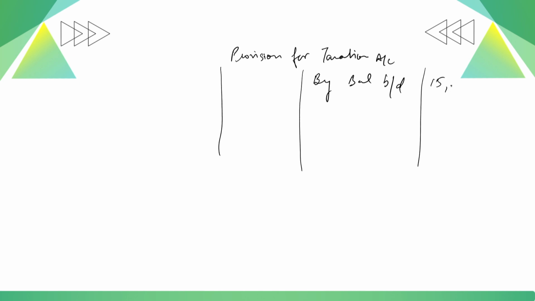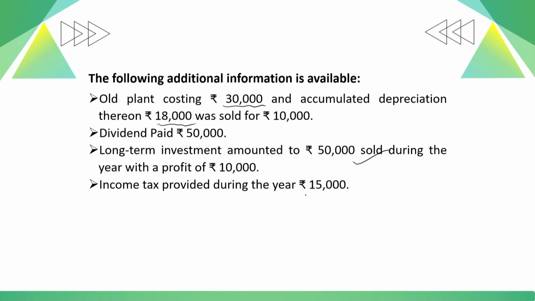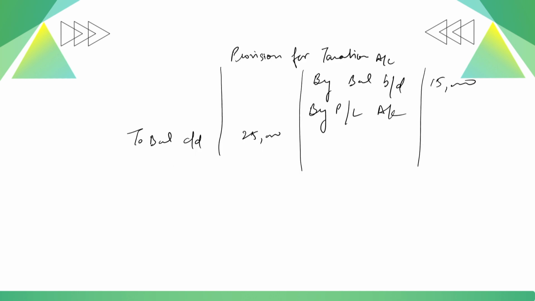15,000, to balance carried down 25,000. As I have shown you, there is an adjustment given regarding the income tax provided during the year, 15,000. This I am showing under the heading by profit and loss account.